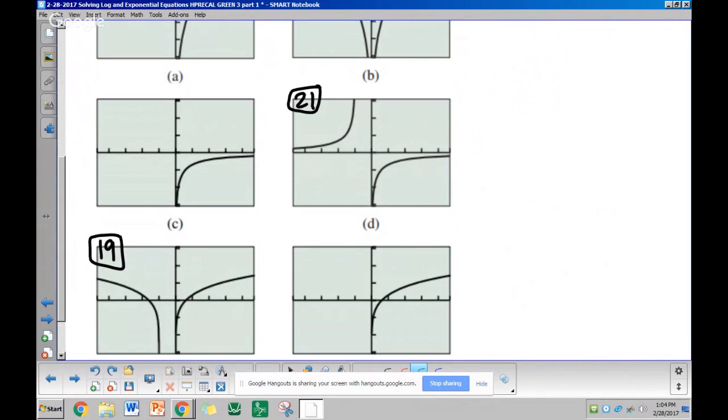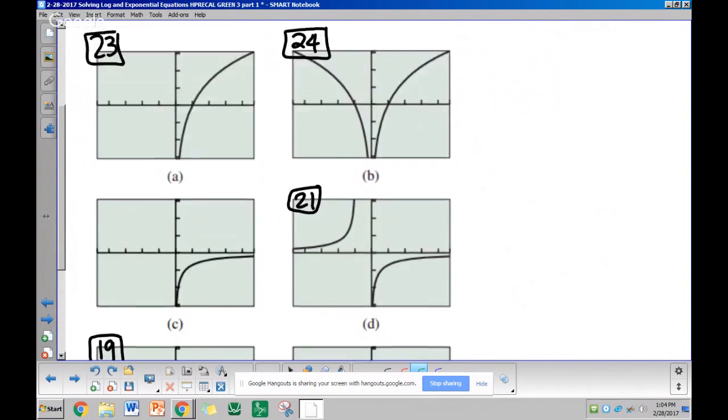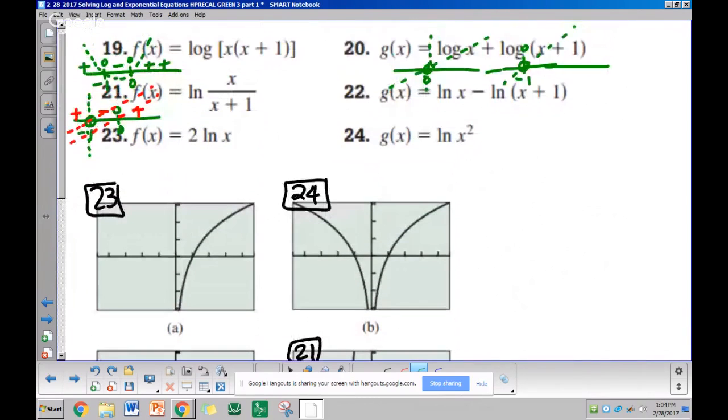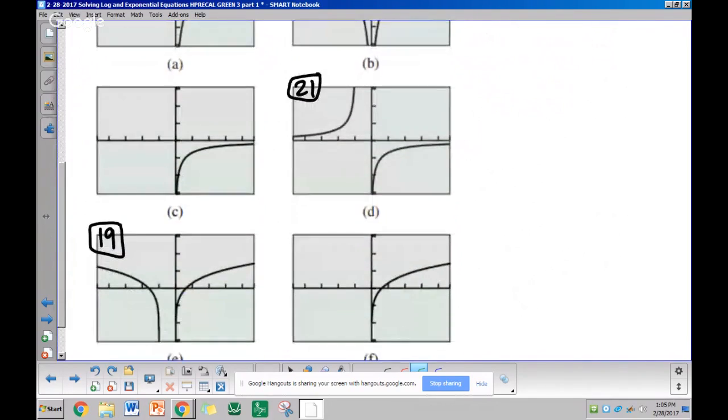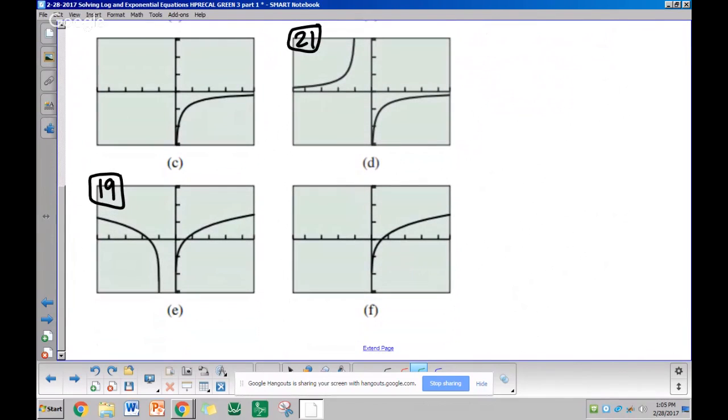Well, let's think about the logic here. When you combine them, what do you get? Multiplication, don't you? So that's going to be a number that's probably, when x is greater than 0, bigger than 1, maybe? So that's always going to be, we're going to have some positive action going on. Okay. So yeah, I think it's F. What do you think?